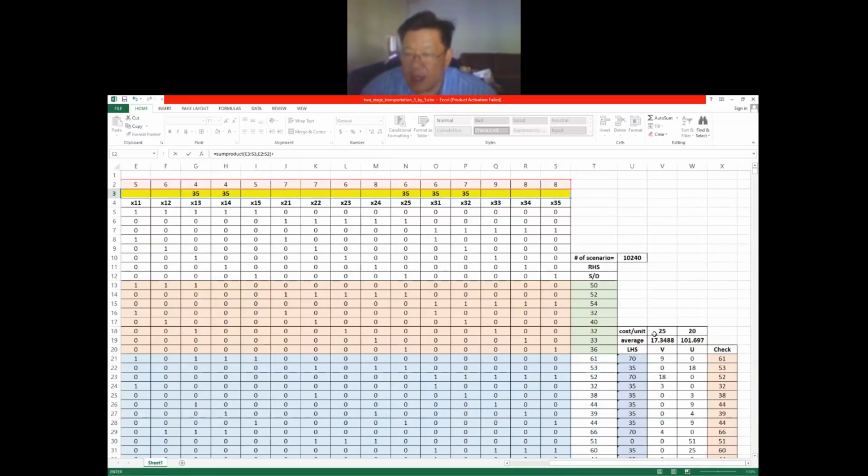The first one is cost per unit here times the average here, plus cost per unit over here times this one.